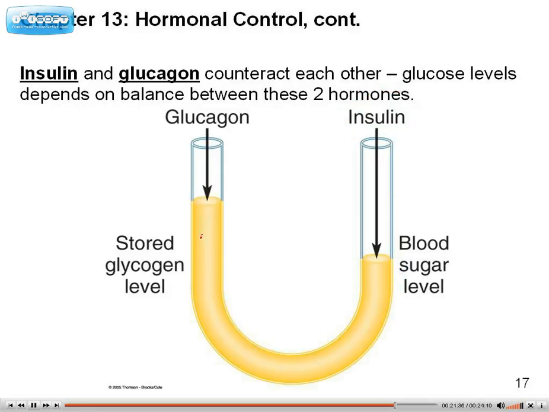When you have type 2 diabetes, due to various effects, and we won't go into those, one of the effects is that you're not producing enough insulin when you're supposed to. Consequently, you end up having really high levels of blood sugar.